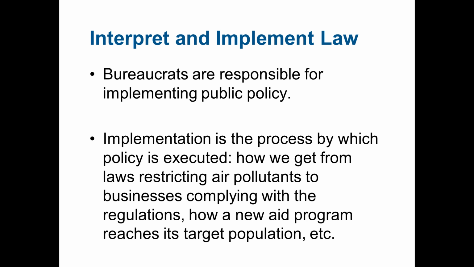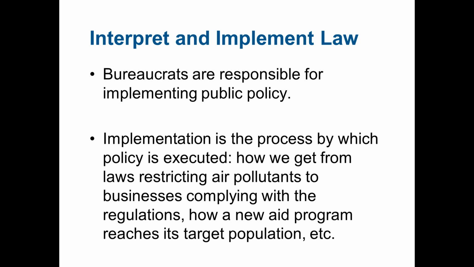The term for all this is implementation. Implementation just refers to the process through which policies are executed. How do we go from a law, which is oftentimes vague, sometimes Congress passes legislation without very specific wording as far as what it does? In a practical sense, sometimes they publish laws with just guidelines, for instance, on reducing pollution.